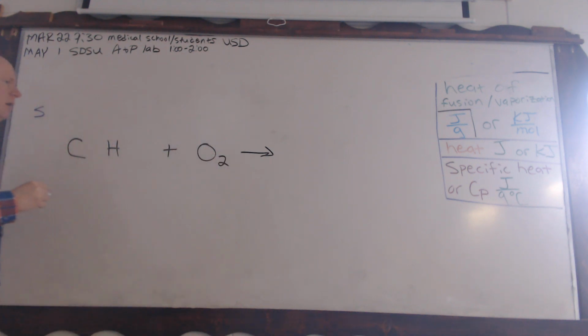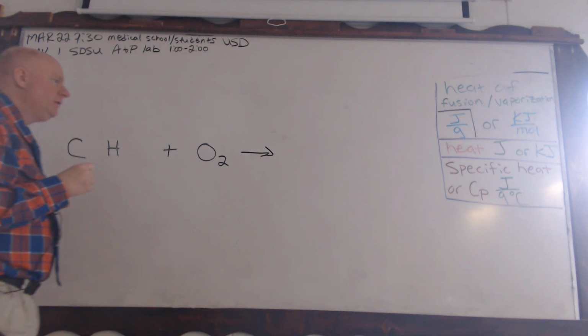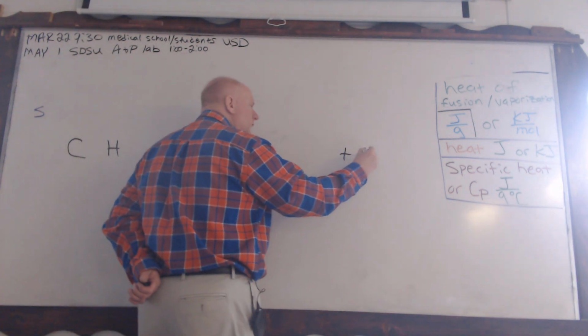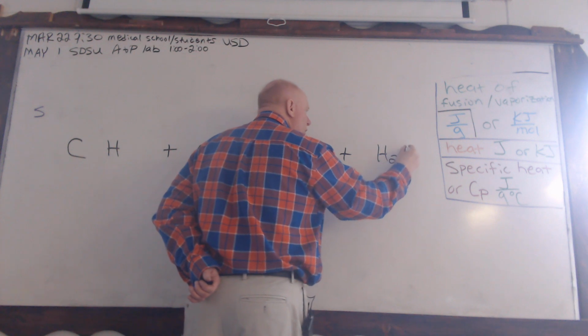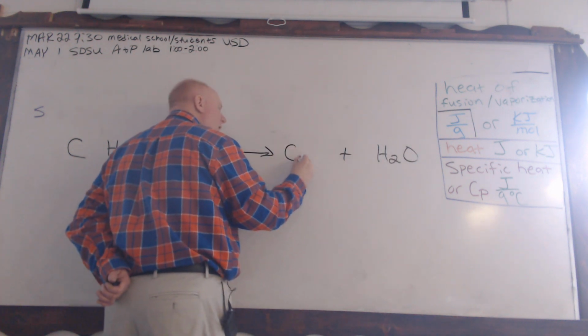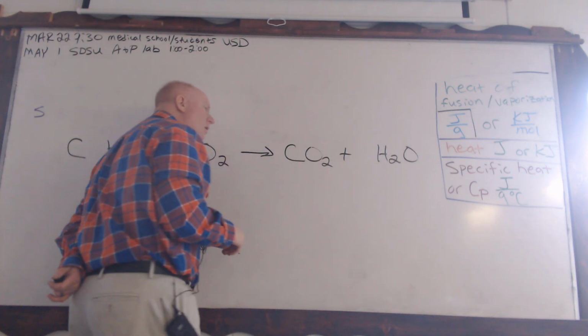Okay? Then another characteristic of a combustion reaction means what is always on the right hand or product side. Always. H2O? That's one. Carbon? CO2? So typically we write them like this, and then that is a combustion reaction.